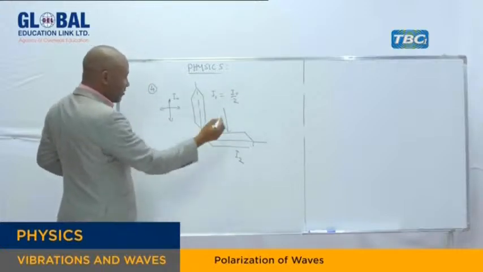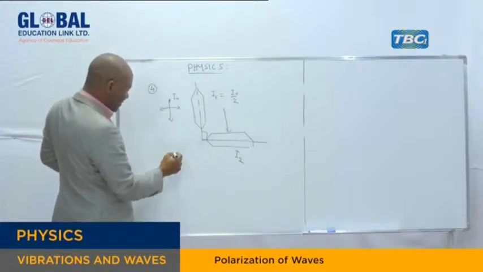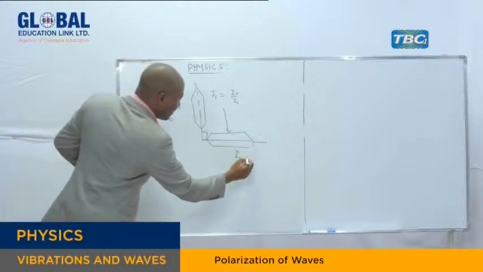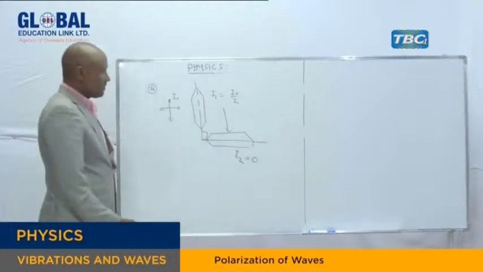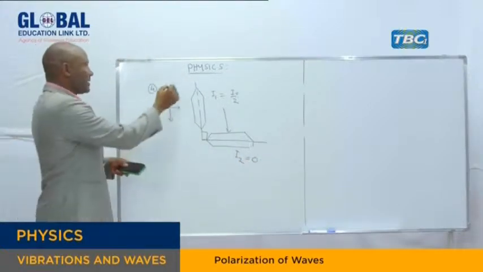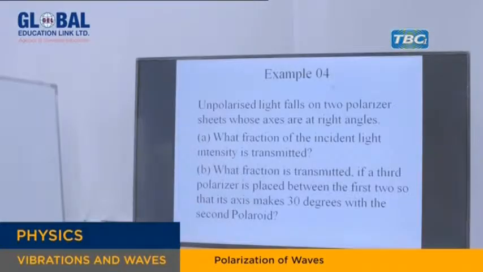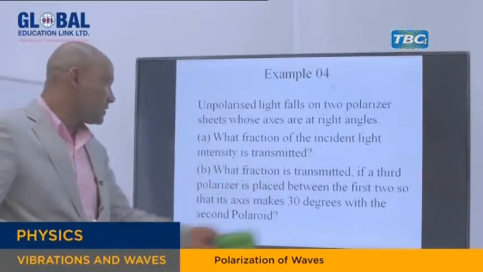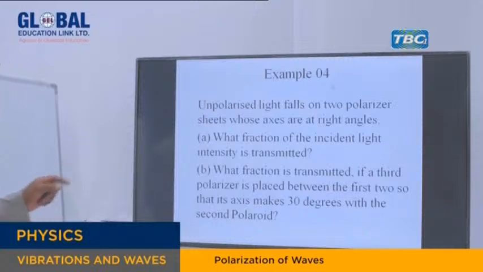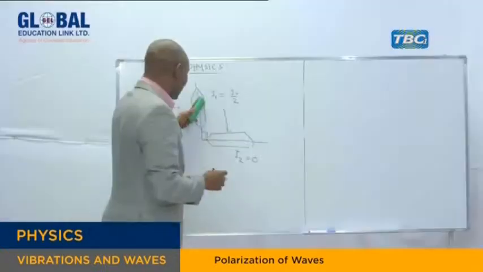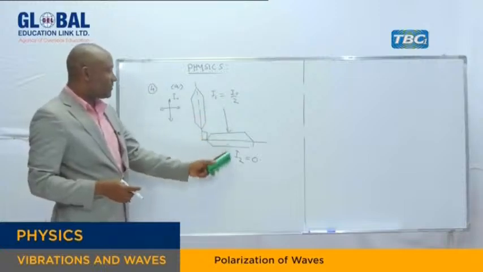Because the angle here is 90, you use that formula. Again, we saw that this will be 0. This is part A. Part B is: what fraction is transmitted if a third polarizer is placed between the two? The intensity here is 0 because the angle between them is 90.